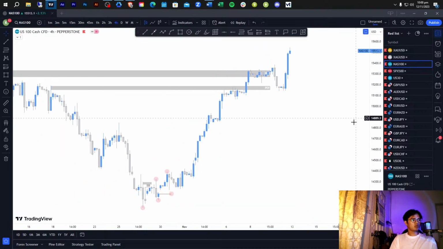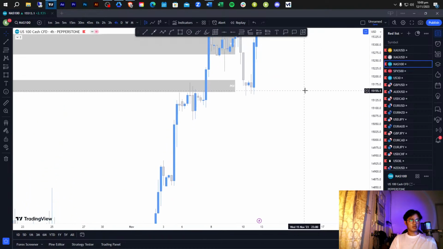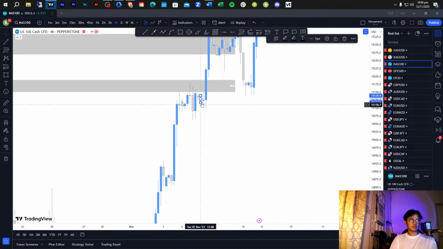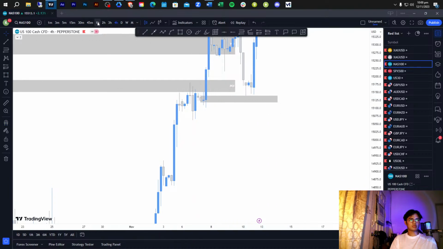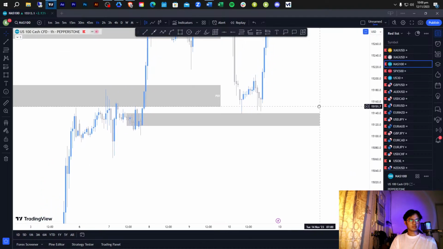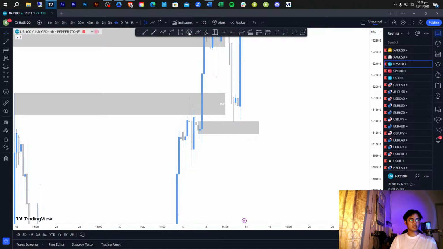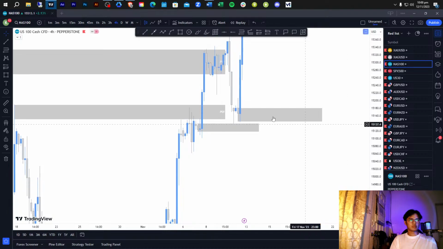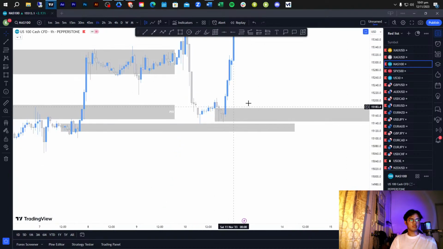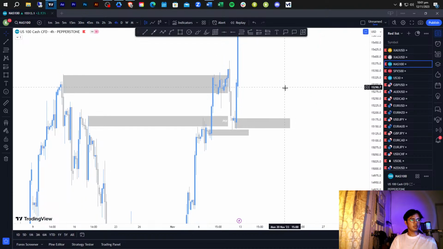And also on NAS, same movements right here, and you can see NAS mitigated this zone on the 4 hour, and you also see this area right here where the price may go down and mitigate this area.